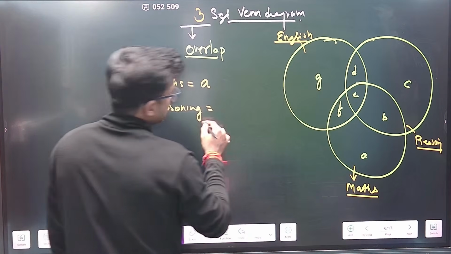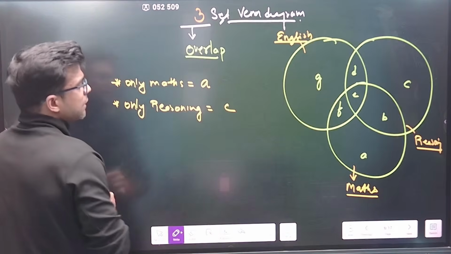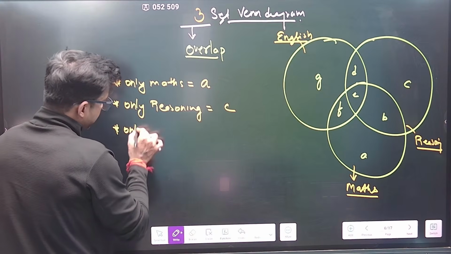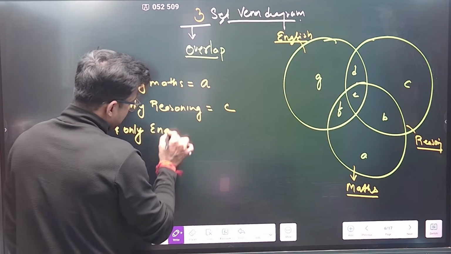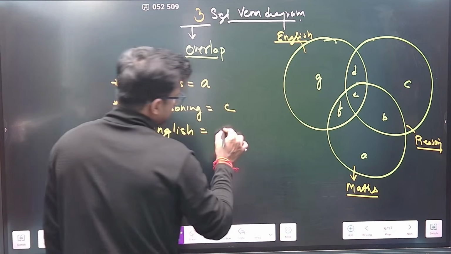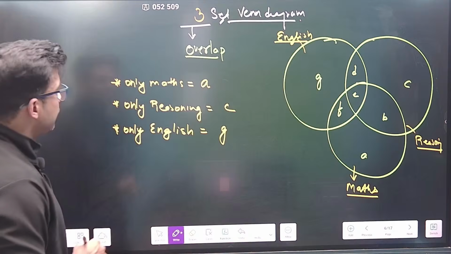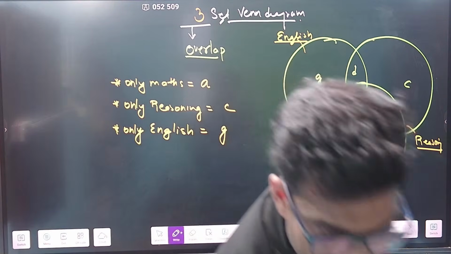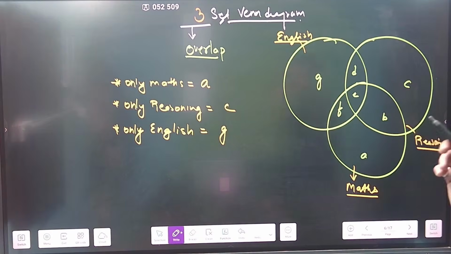You will say that is the C part. If I say only English, which part is it? Only English is, I would say, G. Is it right or not? So you can see the only parts are being done here. Only maths, only reasoning, only English.